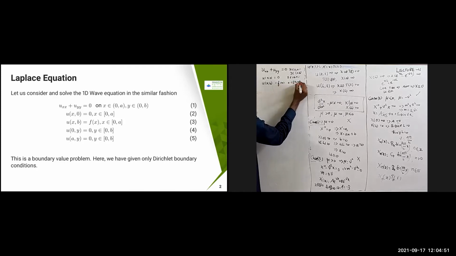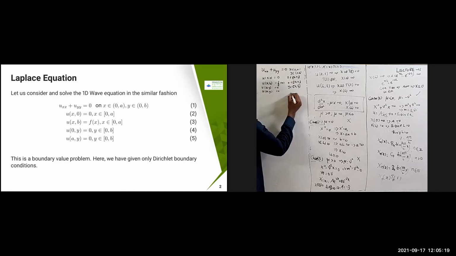Then u(0, y) = 0 and u(a, y) = 0, where y belongs to [0, b]. So this is the condition given. This is a Dirichlet boundary problem. Dirichlet boundary condition means the boundary values are prescribed on the boundary of the domain.